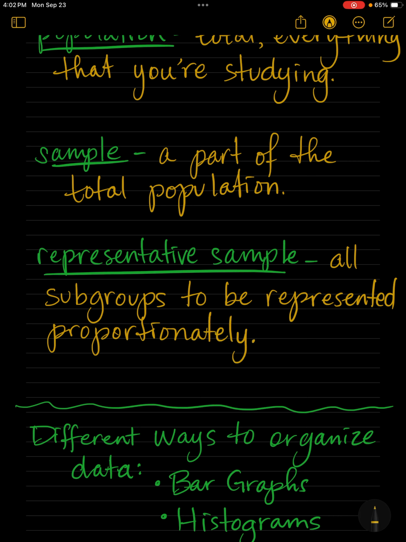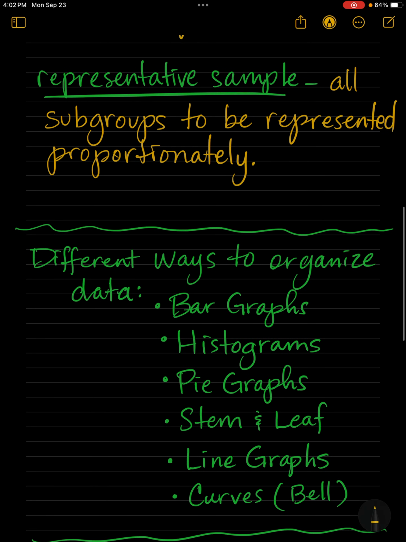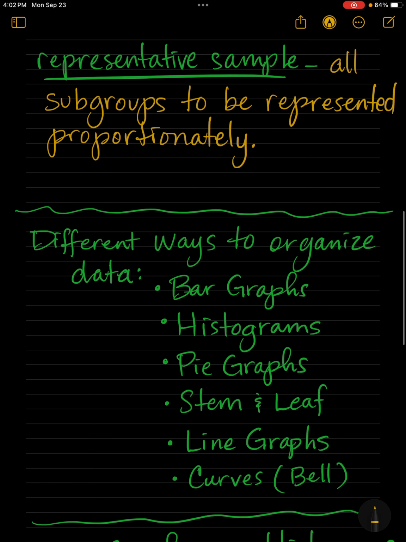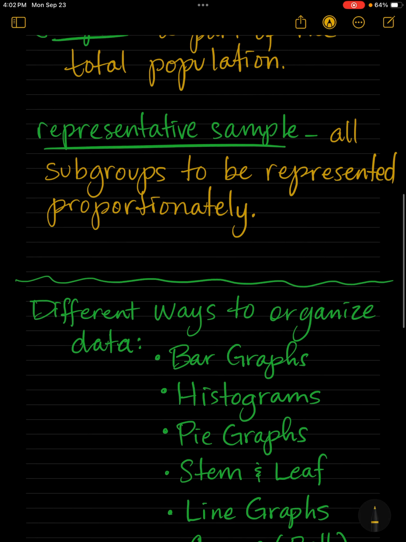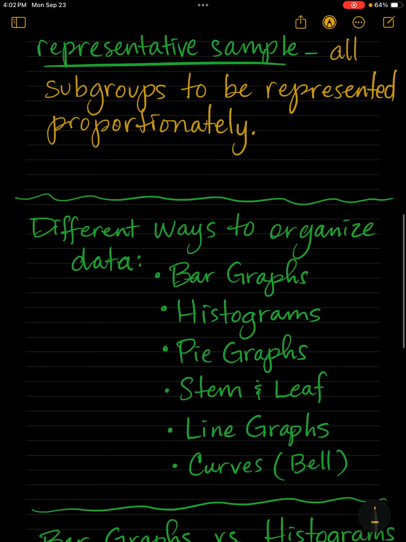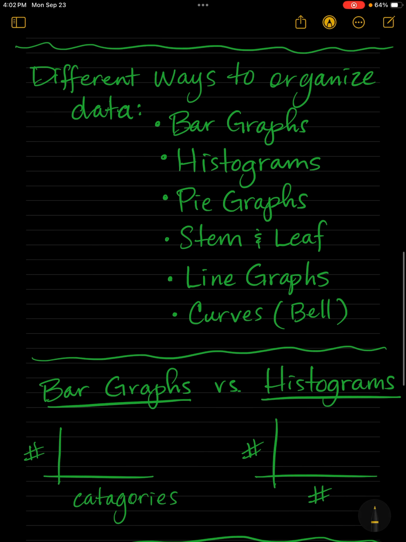That would make for the best type of sample. I always think about Costco when I think about samples. It's just a part of the whole, but you want a little bit of everything in order for the sample to be good. All the ingredients would want to be there.